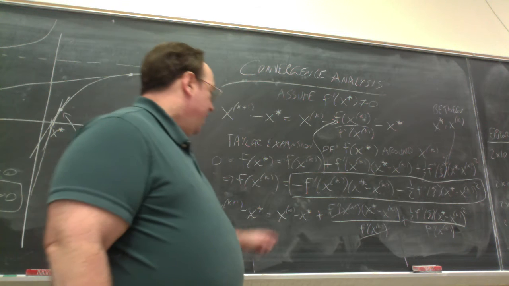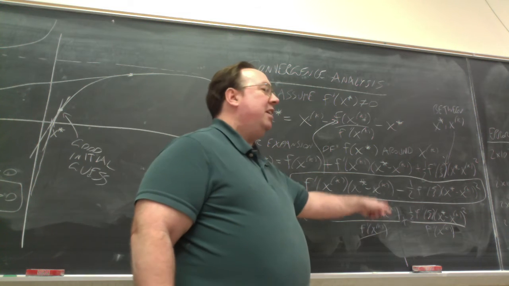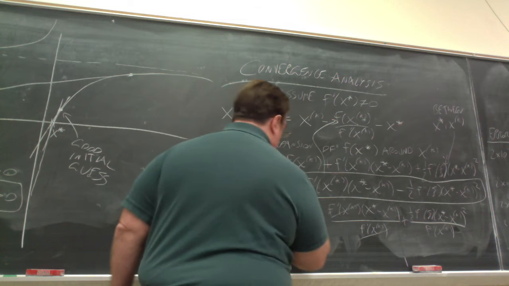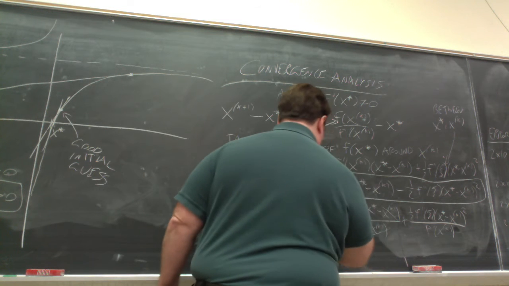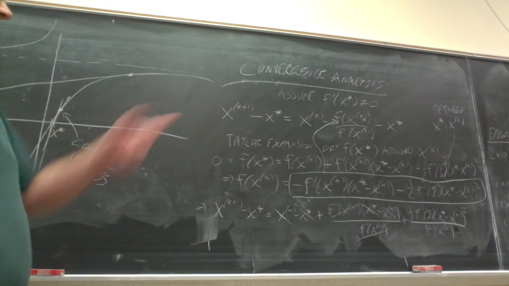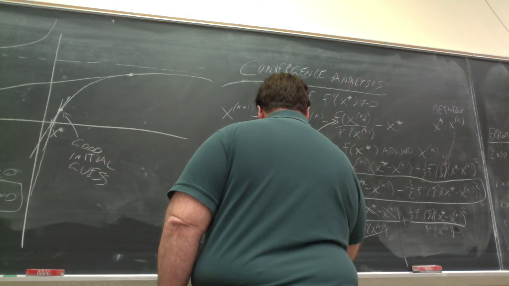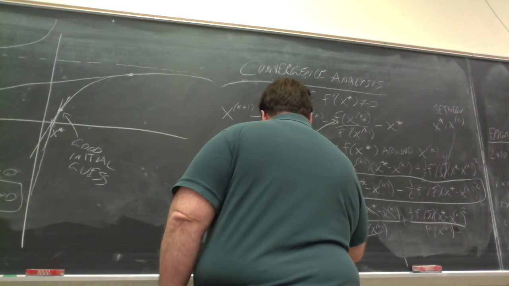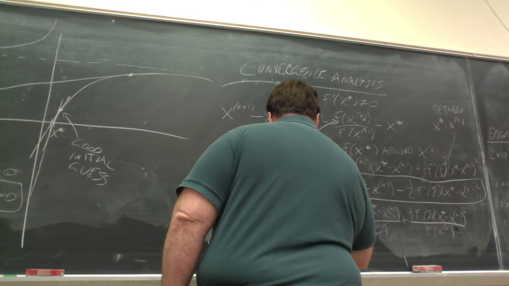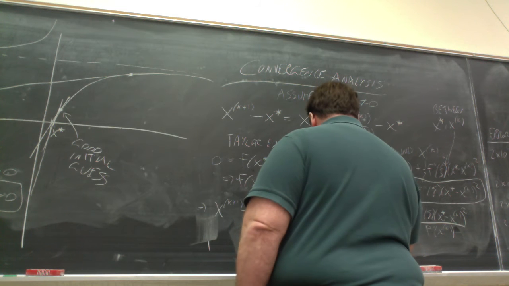Look what I have now. x_k minus x star plus x star minus x_k. All of it cancels. So, gone, gone, gone, gone. Almost everything is gone. And what is left? I have f double prime at an unknown point over 2f prime(x_k) times the previous error, and it's squared so I can write it in whatever order I want.